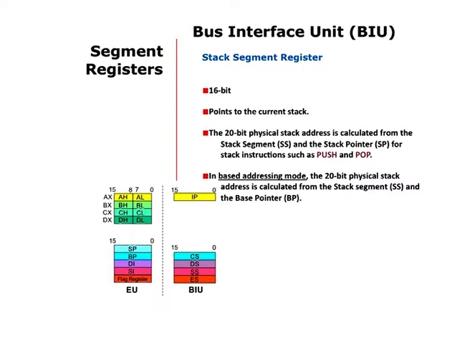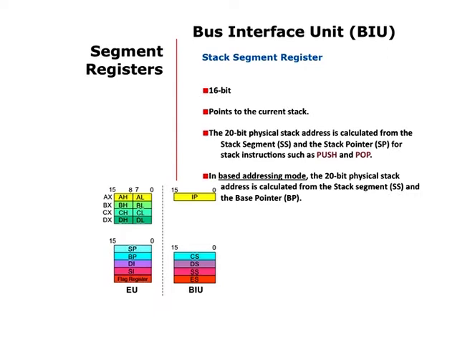Here the segment register is SS and the offset address is defined by SP, that is the stack pointer, for stack instructions such as push and pop. In based addressing mode, the 20-bit physical address is calculated from the stack segment and the base pointer register.